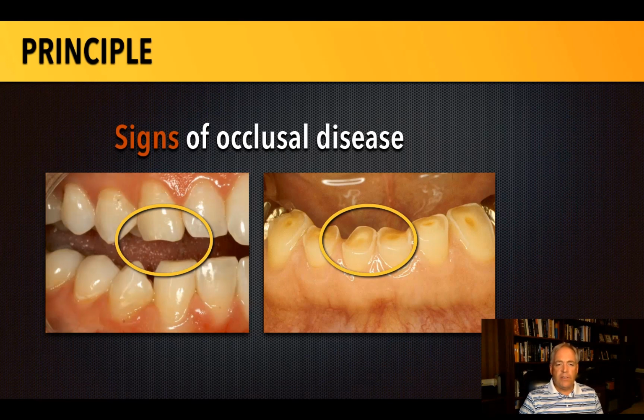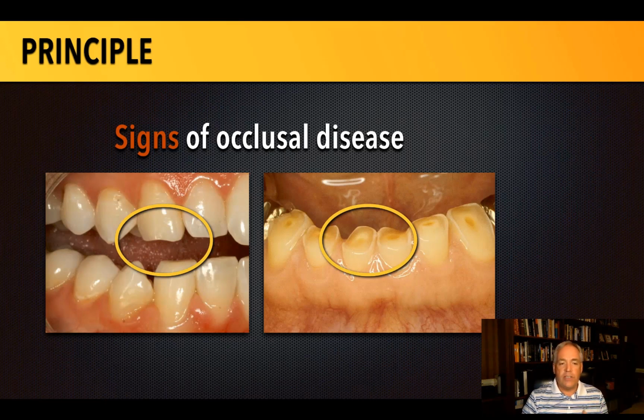So the signs of occlusal disease that are most observable are wear. But I'll tell you that as we go through, we're going to identify these as wear, mobility, teeth that are mobile in the absence of gum disease, so teeth that are loose from force, teeth that are changing position, migrating, so wear, mobility, migration, sore muscles of mastication to palpation, because muscles don't get sore from just chewing, and then change at the temporomandibular joint level in the absence of trauma.